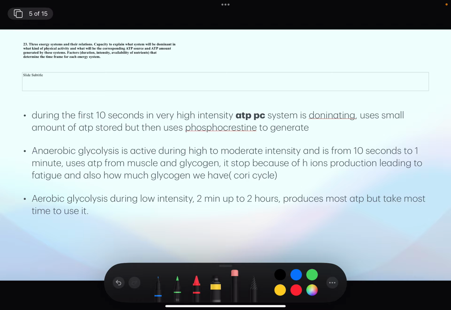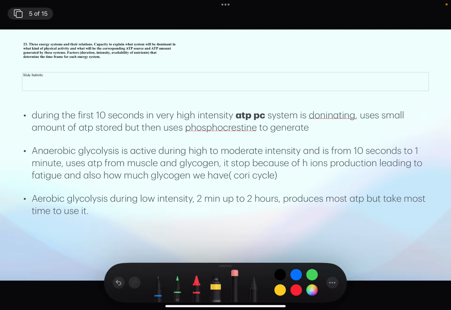And how much glycogen we have also affects anaerobic glycolysis, because if we have not eaten enough carbohydrates before the training and stored them as glycogen, then we can't really use glycogen during high intensity exercises. So this is also one of the issues with anaerobic glycolysis.